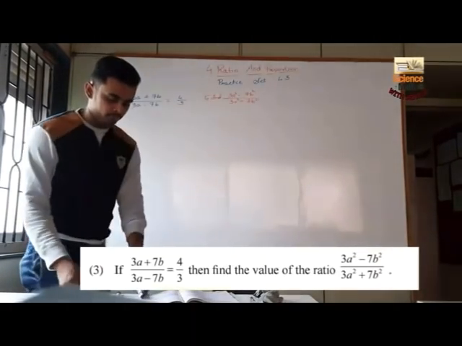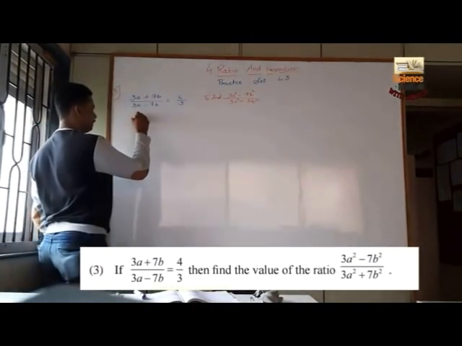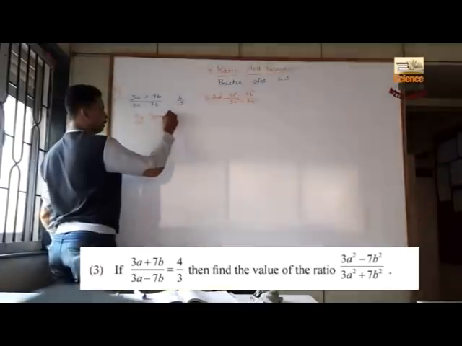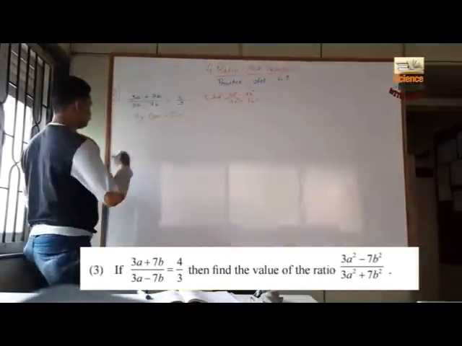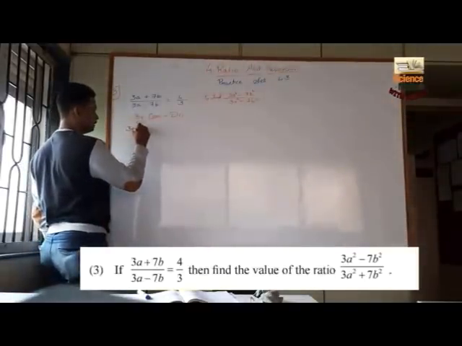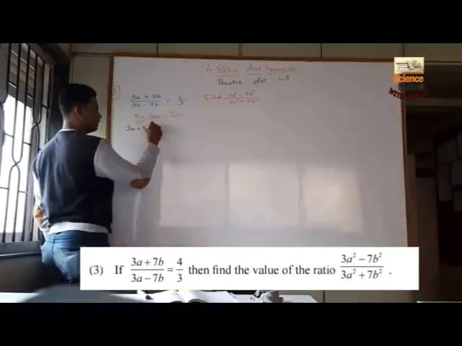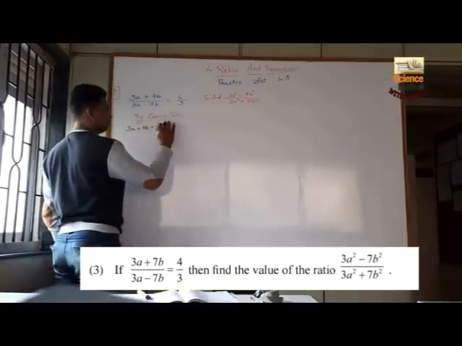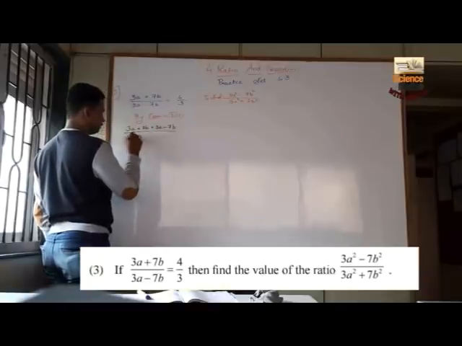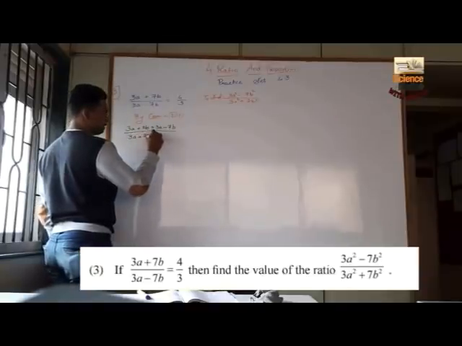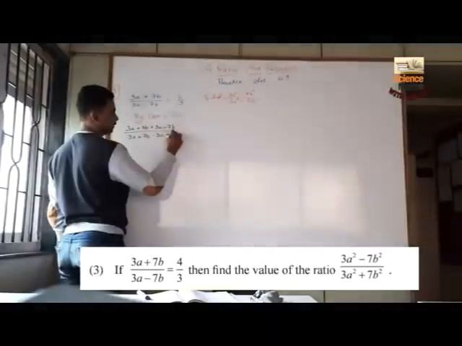Therefore, by componendo dividendo, I will get (3a plus 7b plus 3a minus 7b) divided by (3a plus 7b minus 3a plus 7b).